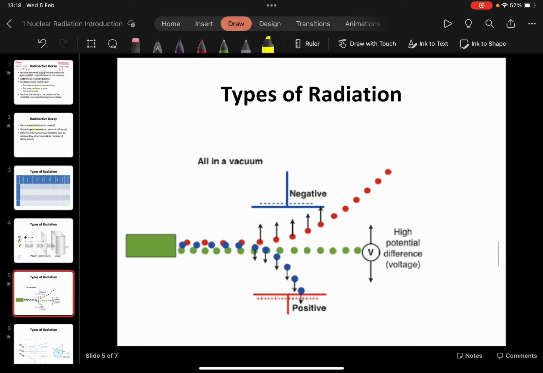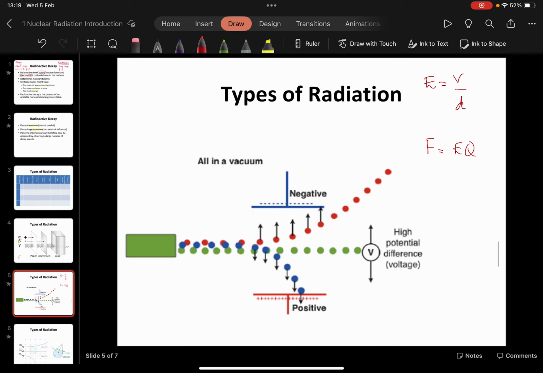Now, here's a nice link to the work that we've done on electric fields. We've got a uniform electric field between these 2 parallel plates, which can be determined by taking potential difference and dividing by the distance between the plates. We also know that the electric force is only felt on charged particles.